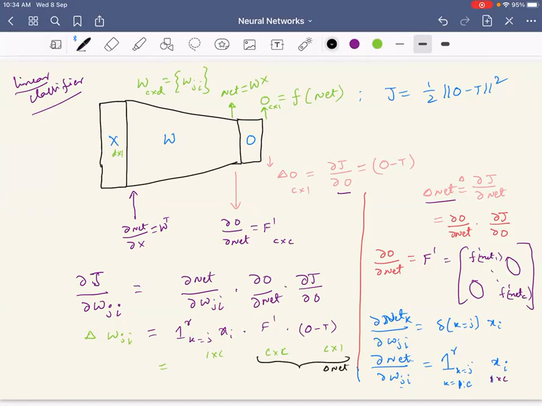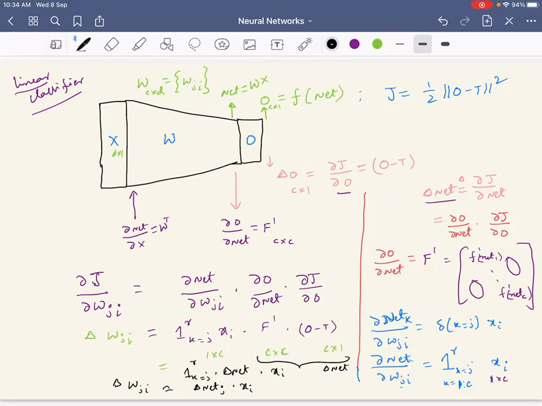So I can write this as 1 for k equal to j into delta net, into Xi. Can we write like this or not? And this essentially is equal to delta net j into Xi. This is delta Wj. Is this clear or not?